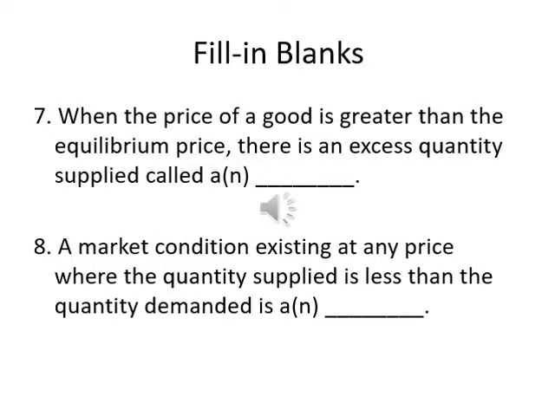When the price of a good is greater than the equilibrium price, there is an excess quantity supplied called a(n) blank. 8. A market condition existing at any price where the quantity supplied is less than the quantity demanded is a(n) blank.